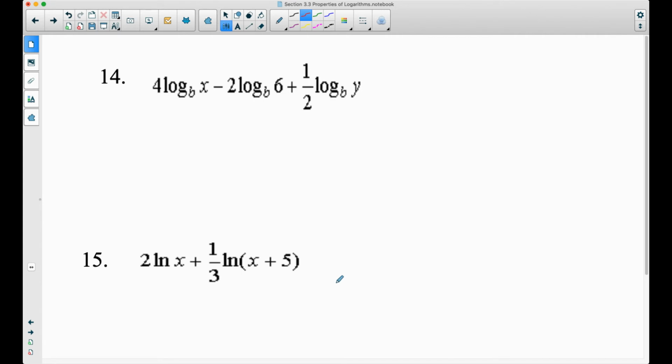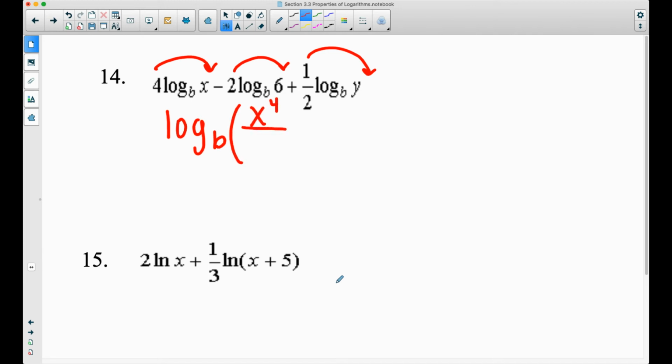All right, so left to right, or let's first bring up our exponents. So I have log base b of x to the 4th over 6 squared, and then log base b of y to the 1/2. If we condense the first two together, that helps us figure out if the square root of y goes in our numerator or our denominator.